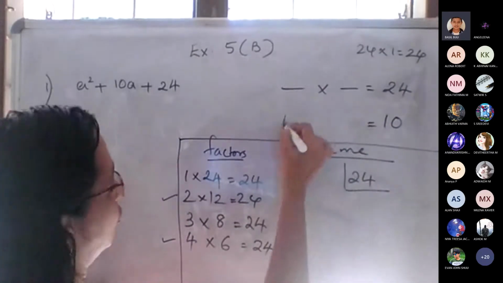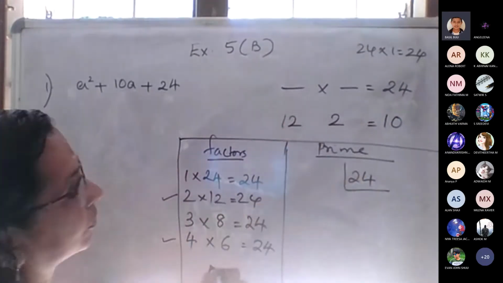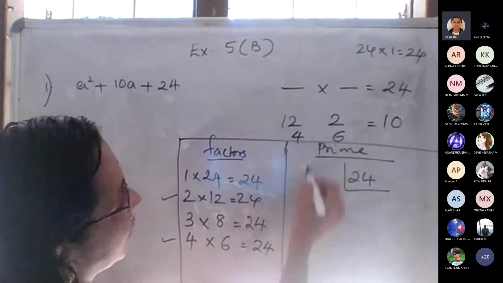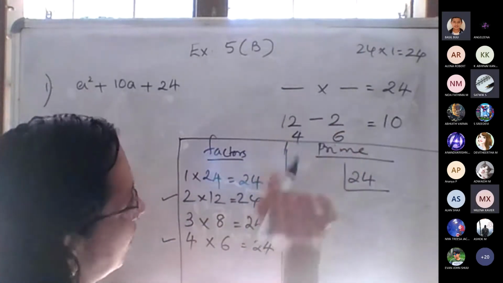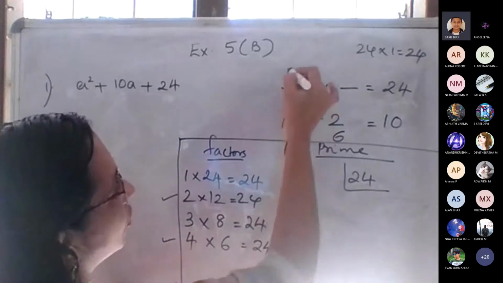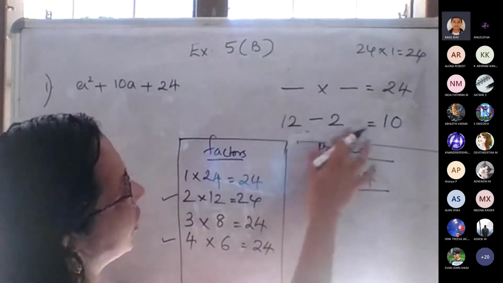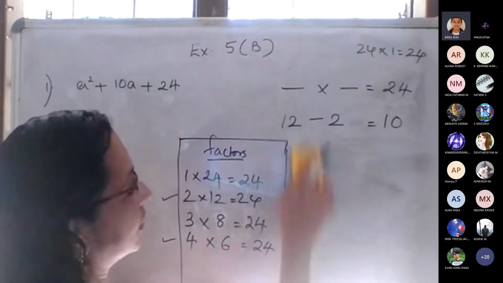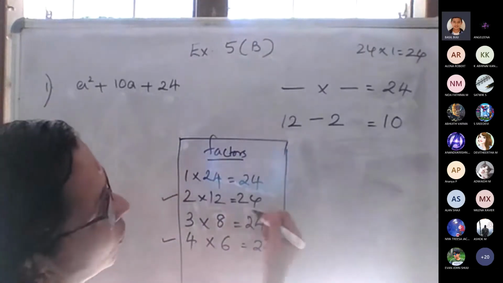Check it. First, we can do with the 12 and 2: 12 minus 2 is 10.